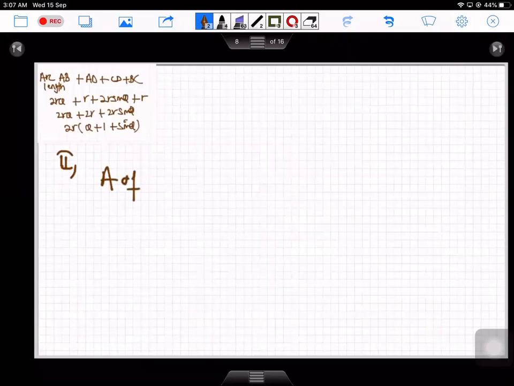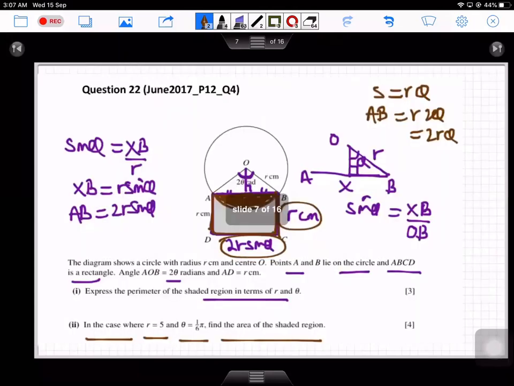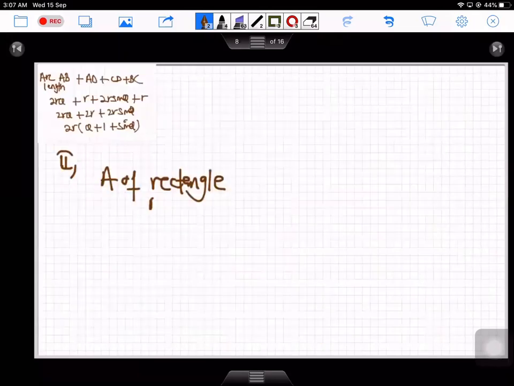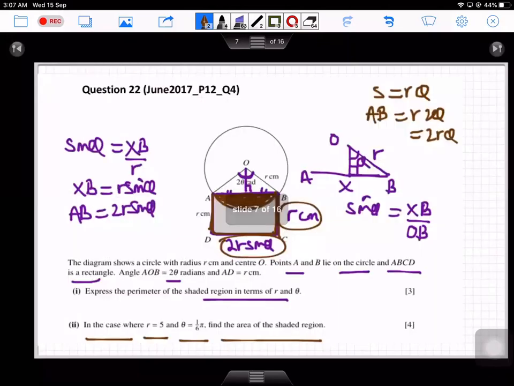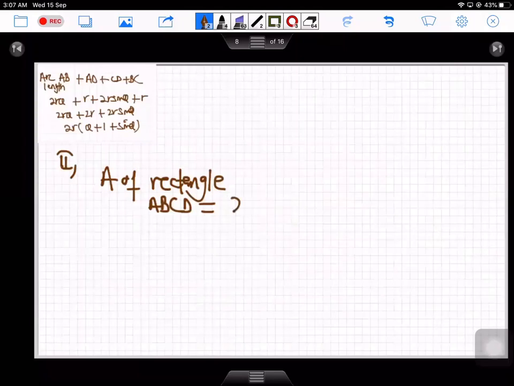Sorry for saying triangle if I said that. Area of rectangle ABCD is basically 2r sine theta multiplied by r.